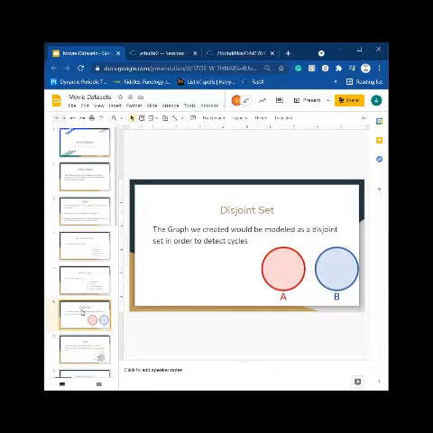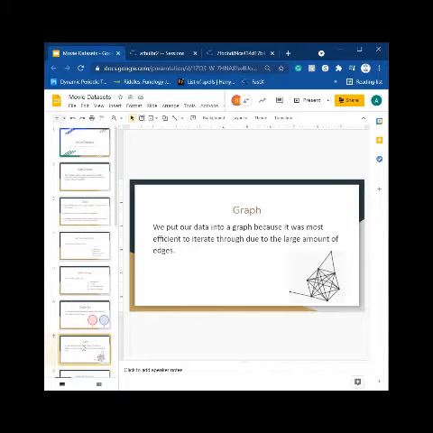The disjoint set felt like the easiest way to implement a cycle detection system, and that's why we did that. The graph that we implemented worked off of an adjacency matrix, and the adjacency matrix essentially held the weighted edges as well. We will talk about it more when we talk about our data set, but the graph was our major storage system.